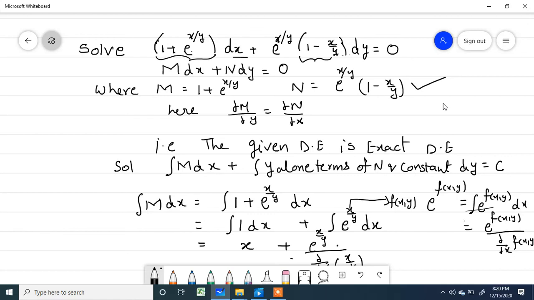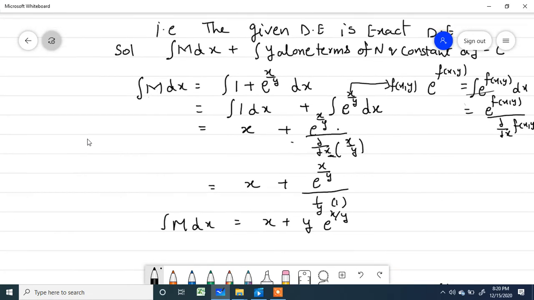In this function we need the terms which do not contain x. See here, we don't have a term which does not contain x. So every term is along with x. So here the first term e power x by y where we have x. And next term x by y where again we have x. So that is, in this n there is no y alone term, and also no constant.